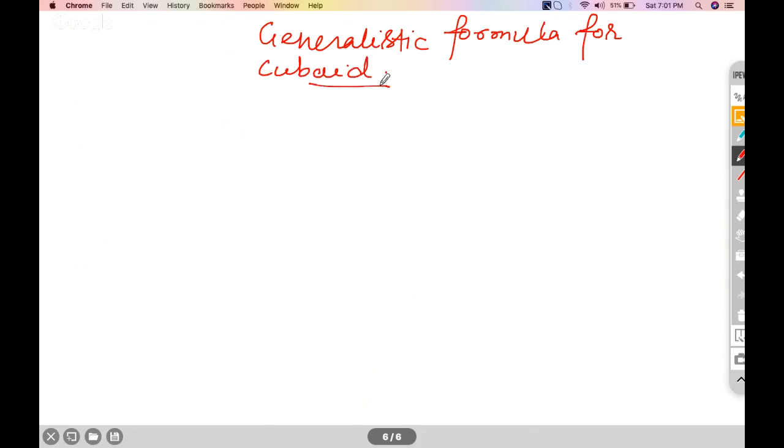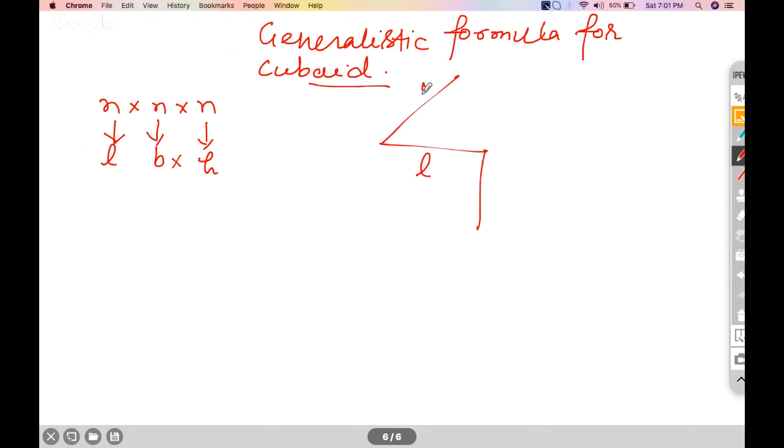In a cuboid, the volume is not n into n into n, it becomes L into B into H. So what will happen on different sides? This is L, this is B, this is L, this is B, this is H. So here different numbers of cubes are there, here different numbers of cubes are there. But what happens?